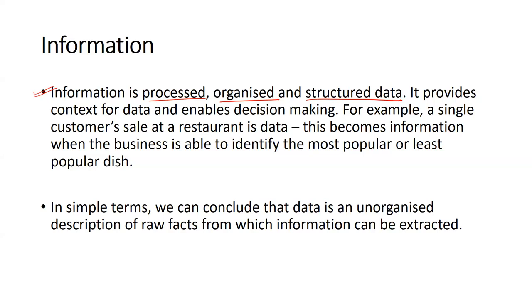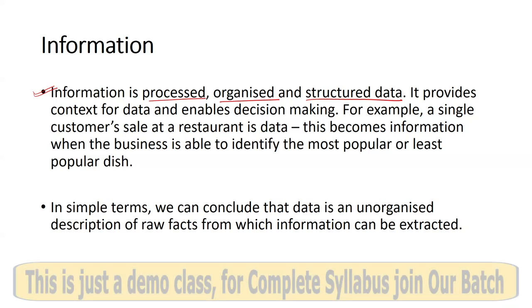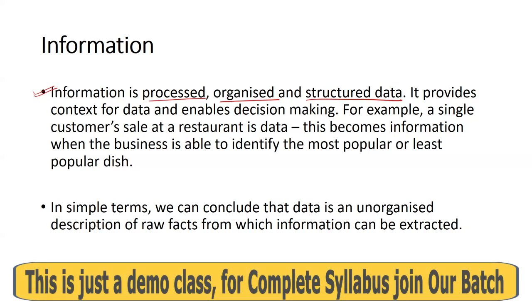So let's say, suppose that if we take an example, we have sales data, what we are selling. That is data, basically raw facts and figures, right? We have like 100 customers' data, like what dishes they are asking for, right?